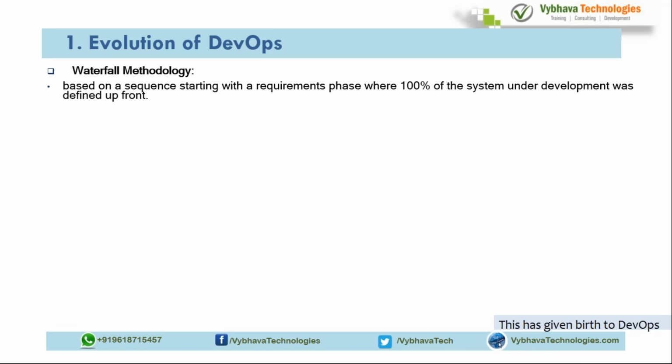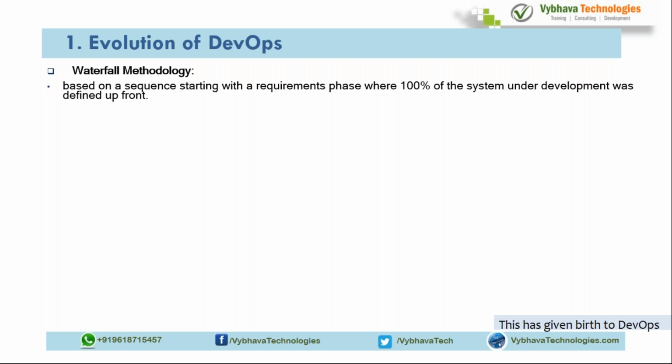So, the evolution of DevOps. Before DevOps, what was there? The first and longest-running was the waterfall methodology. It is based on a sequence starting with the requirement phase, where 100% of the system under development was defined up front.